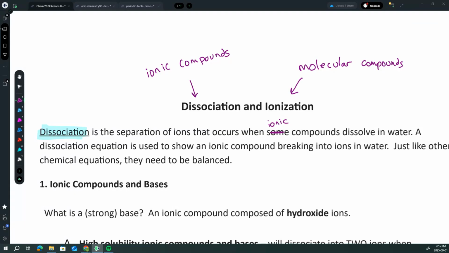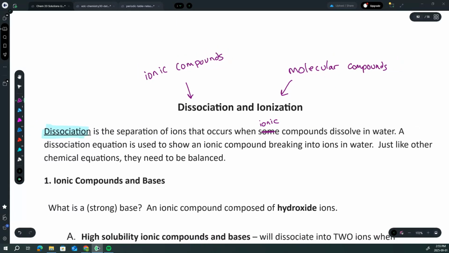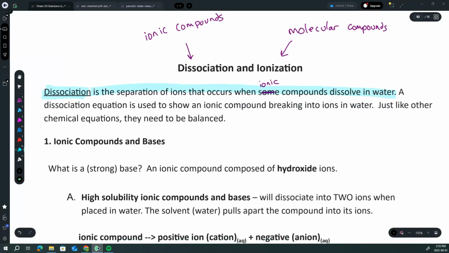They don't mean the same thing. A dissociation equation is used to show an ionic compound breaking apart into ions in water. Just like other chemical equations, it needs to be balanced. So let's make sure to highlight that.